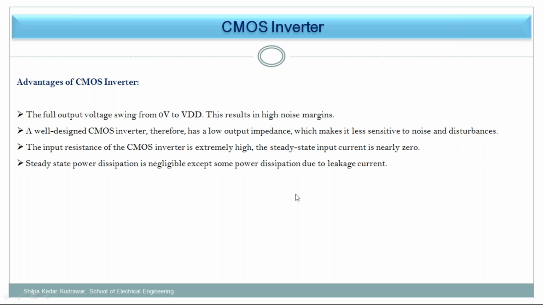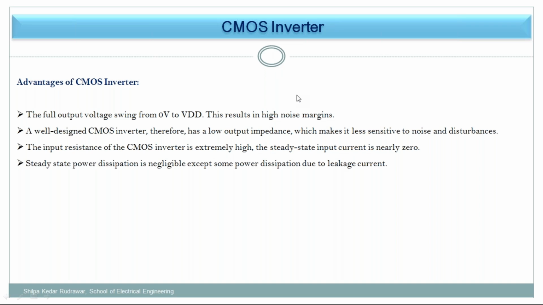Now in the saturation region, it is acting as a constant current source, where the current will be constant whatever the increase in VDS voltage. Okay, so whenever we have a CMOS inverter, why do we prefer a CMOS inverter over a BJT as an inverter? Because a BJT can be used as an inverter, but why do we prefer CMOS circuitry?